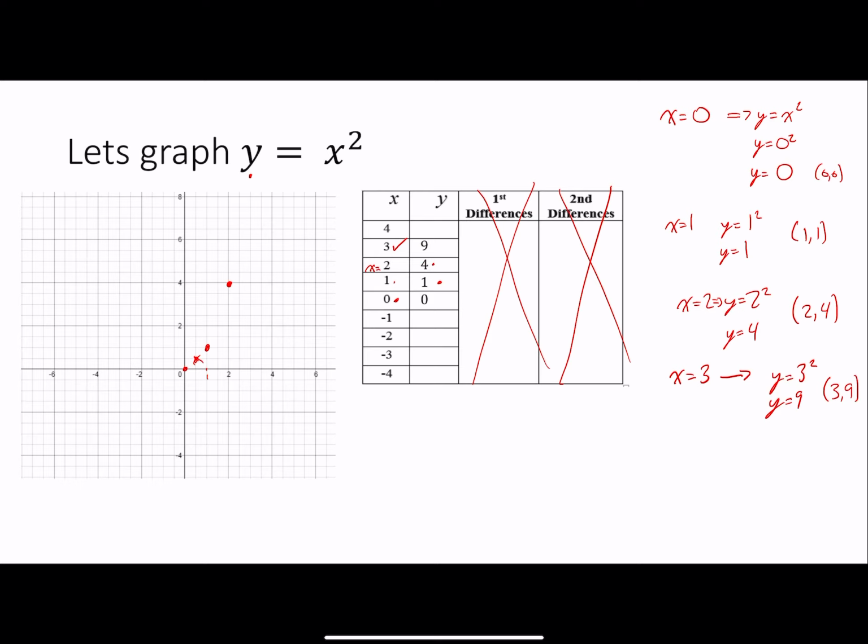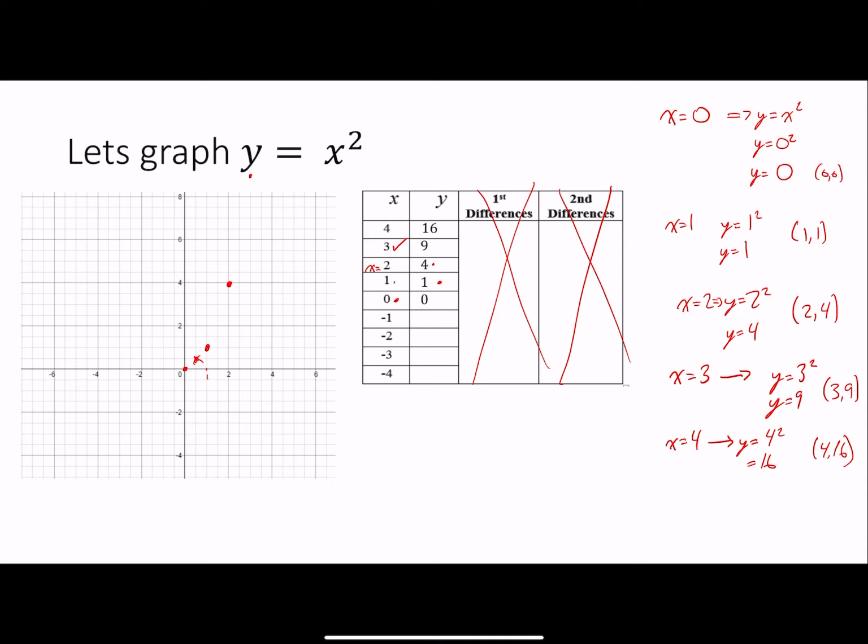And now when x equals 4, y equals 4 squared, which is equal to 16. So another point will be (4, 16). Unfortunately, there's no room to get that done on this graph, so we'll just leave that out for now.